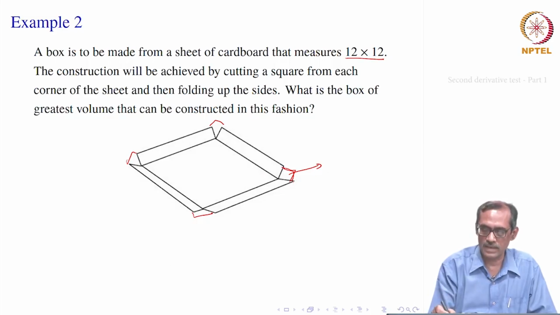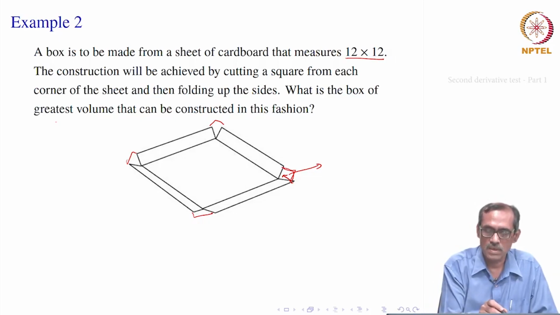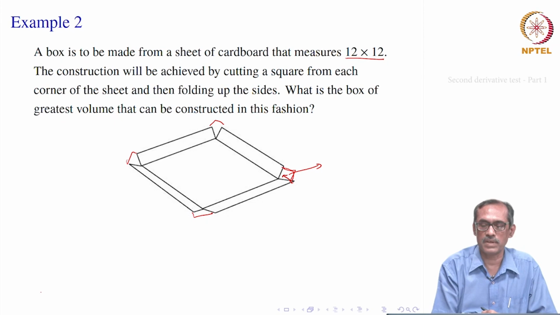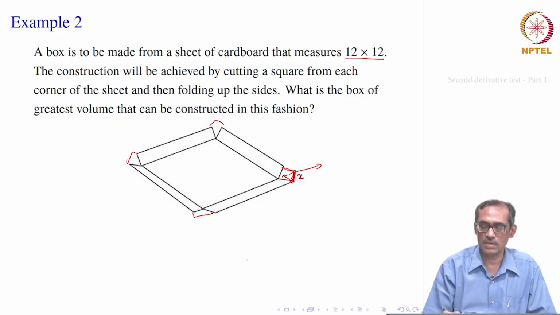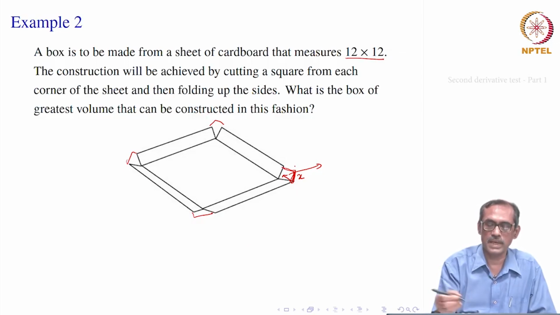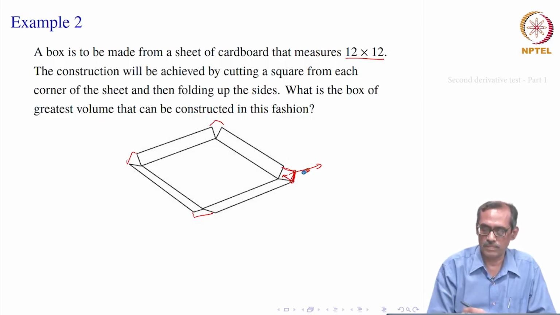Then these are folded to get the box. Now, we are asking what is the box of greatest volume that can be constructed by doing this. That means how much we should cut from this small square so that the box will give the largest volume.